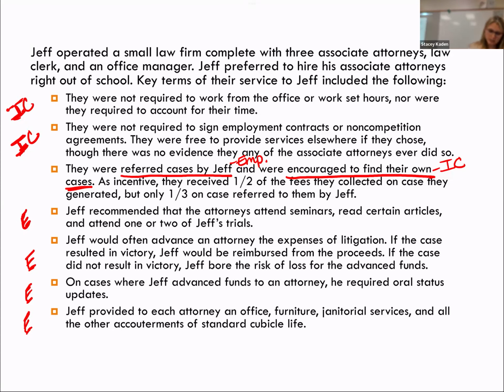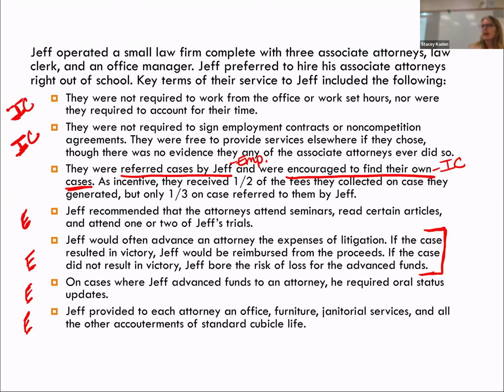Okay, the tax court agreed with most of you for sure. Again, we have these not black and white cases. This one here was one of the items they really focused on. Who bears the risk of loss?